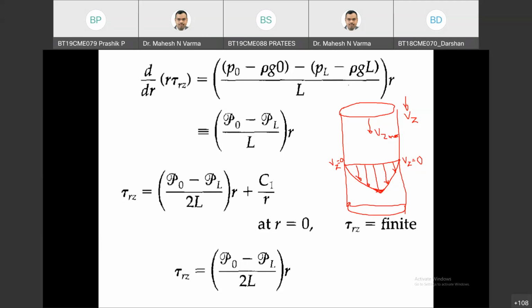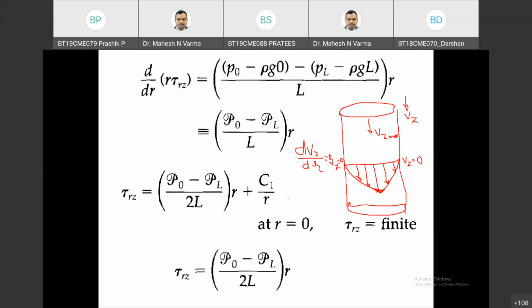At maxima and minima, the gradient of Vz with respect to r will be 0. So at r equals to 0, Vz is maximum. In mathematics, at r equals to 0, dVz by dr equals to 0. Everybody understood this? At r equals to 0, dVz by dr equals to 0, the gradient of velocity equals to 0.